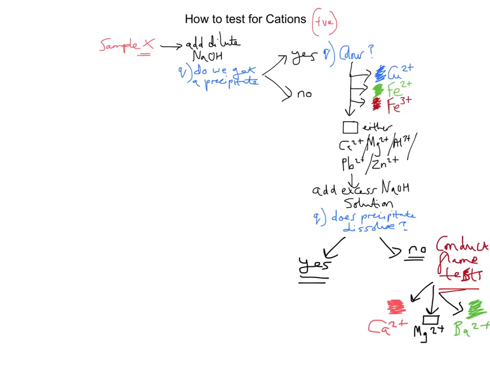So then what we're going to do is add a few drops of H2SO4, sulfuric acid. Now we need to look for if we form a white precipitate.